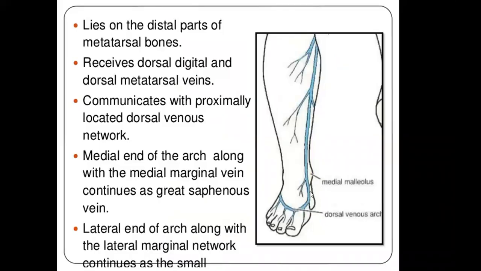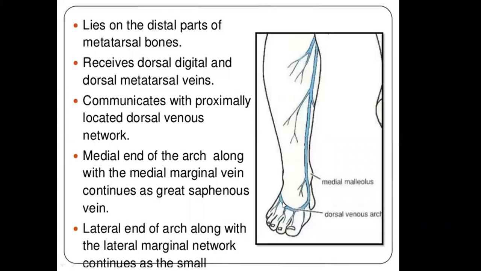If you can see in this picture, this is the venous network at the dorsum, or front, of the foot. It is situated above the metatarsals. You can see this is the dorsal venous arch. It is formed by the draining veins from the toes and the webs in these spaces. So the dorsal venous arch is formed at the dorsum of the foot.